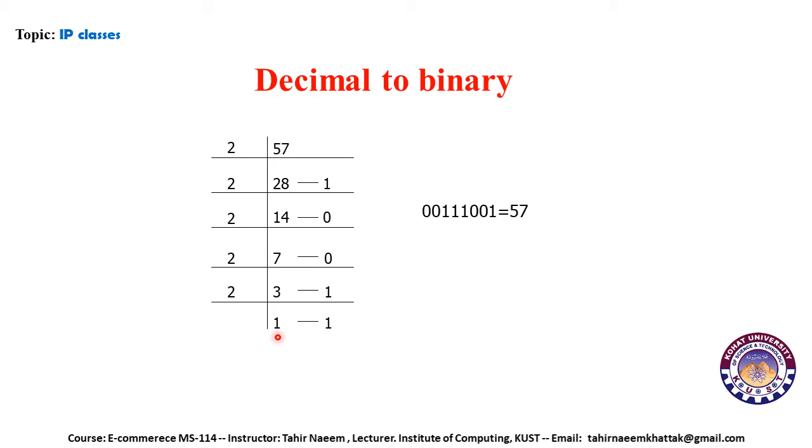Then we take these numbers, 1 1 1 0 0 1. These are six digits, and as we know there are 8 bits in a single byte, so we append 0 0 at the start of the address, and this will be equal to 57.